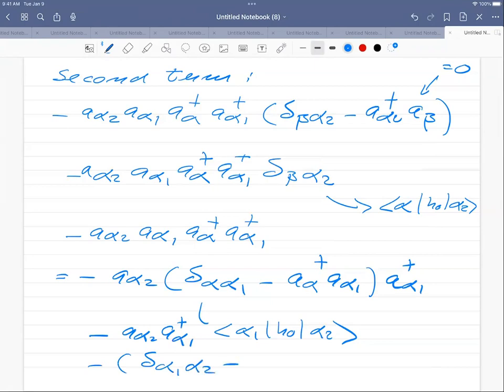And then I would have minus A alpha 1 dagger, A alpha 2, and this acts on a vacuum state, where the second term gives 0, and this term gives 0. So what is happening now is, even if we haven't made an assumption about an orthogonal basis, no, not an orthogonal basis, but an eigenbasis of H0, these terms are actually ruled out.